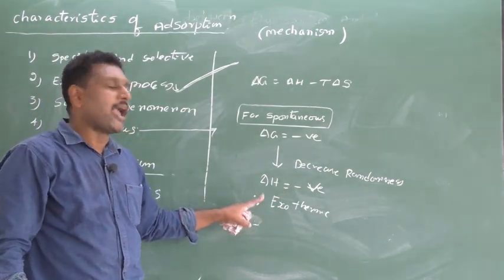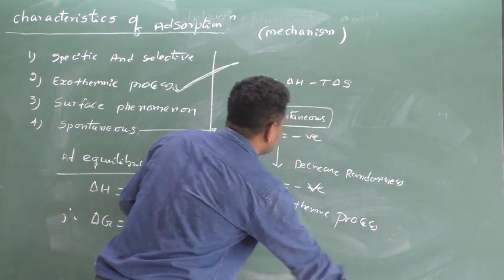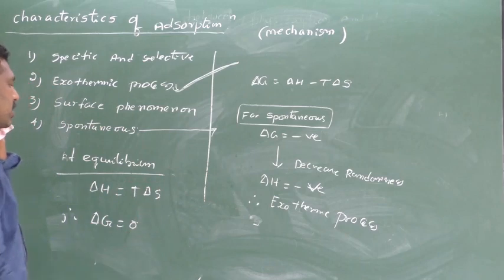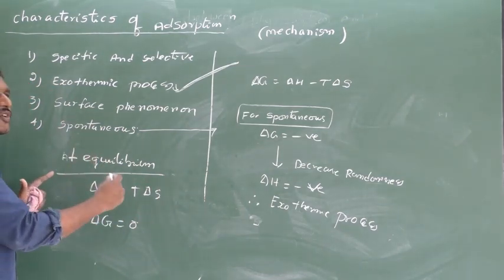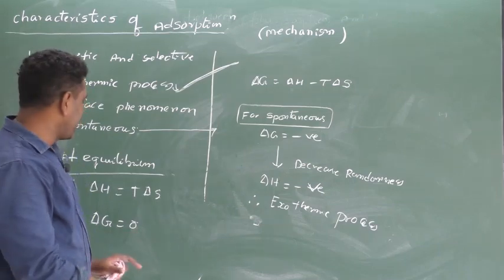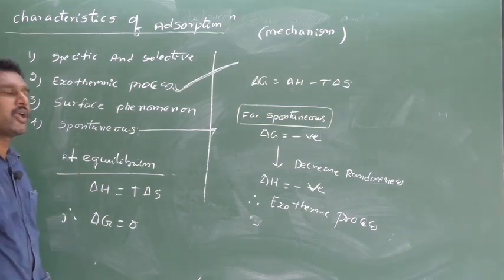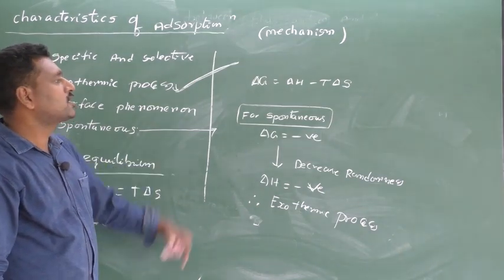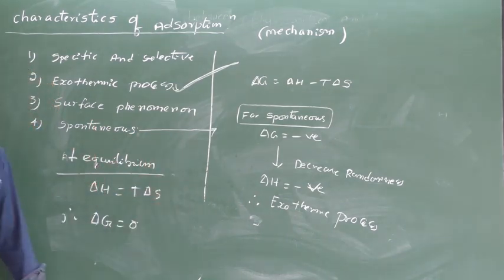Therefore, it is an exothermic process. Energy is released. At equilibrium, delta H equals T delta S, then delta G equals 0. The Gibbs free energy value is 0. So this is the mechanism or characteristics of adsorption.